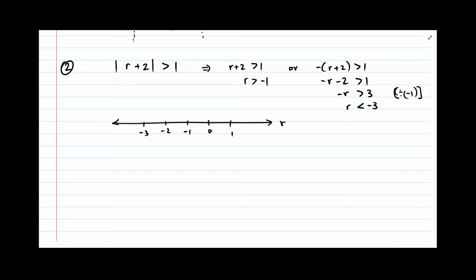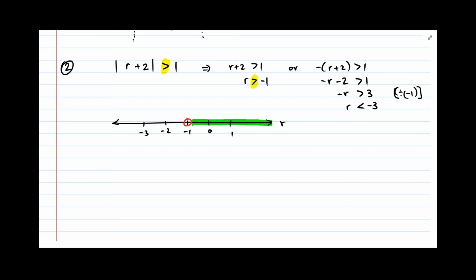And this time I have r is greater than negative 1, so it would be everything to the right of negative 1. Notice the open circle because of the inequality that we have. There's no equal sign, so although the boundary is negative 1, you're not including that negative 1.